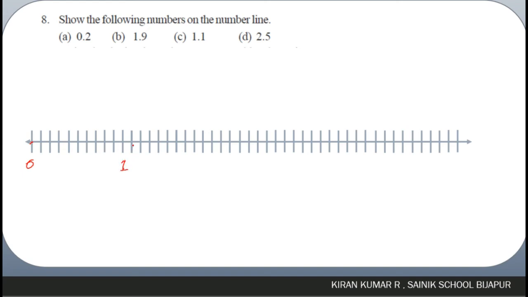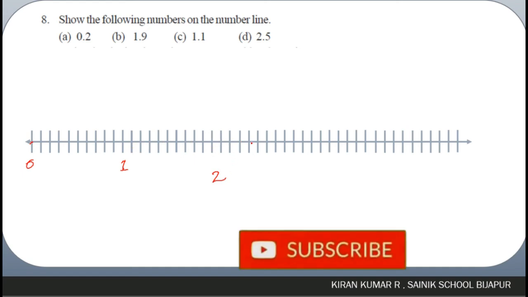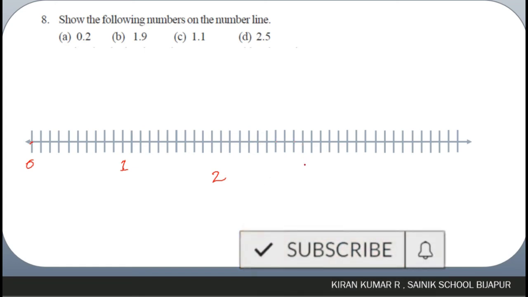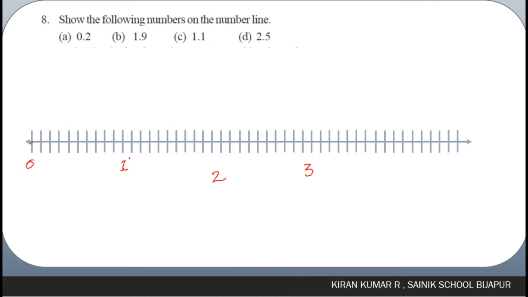This is 1, and again 10 equal parts. This is 2, and again 10 equal parts. This is 3. If each number is having 10 equal parts, the second part would represent 0.2.